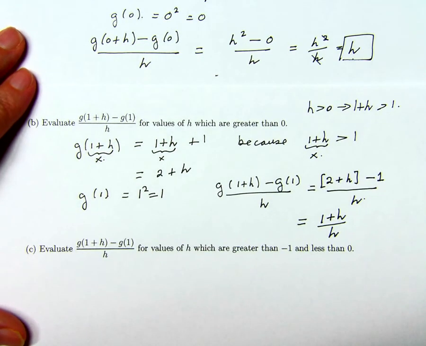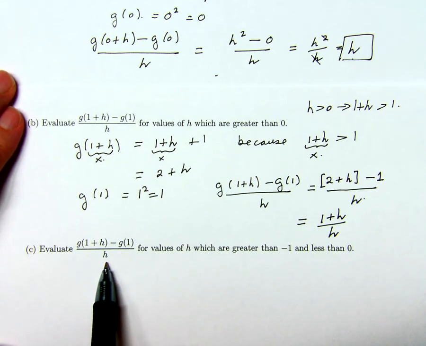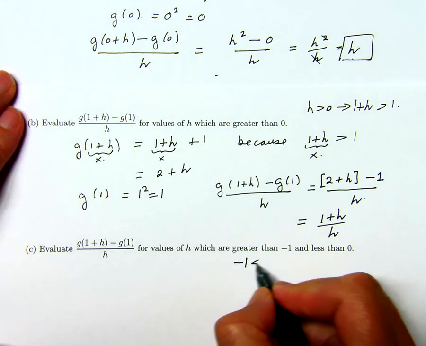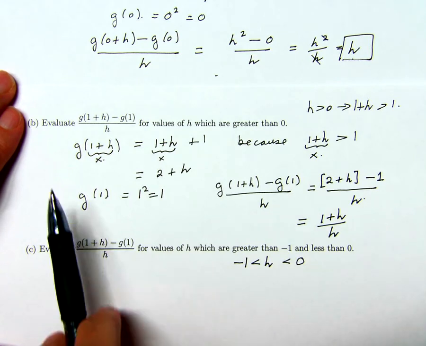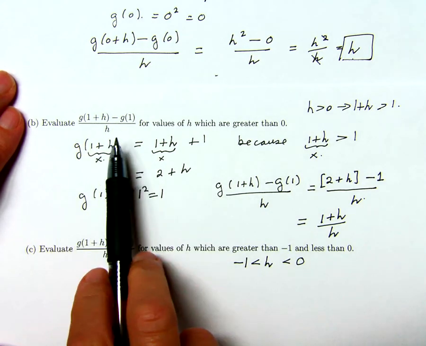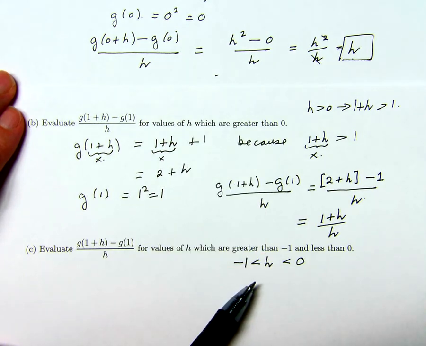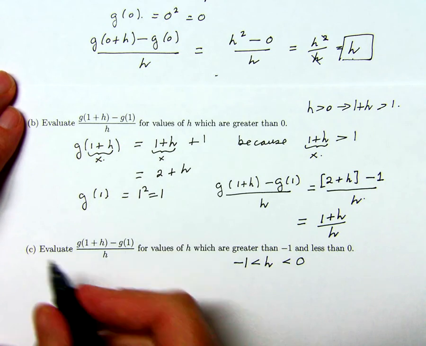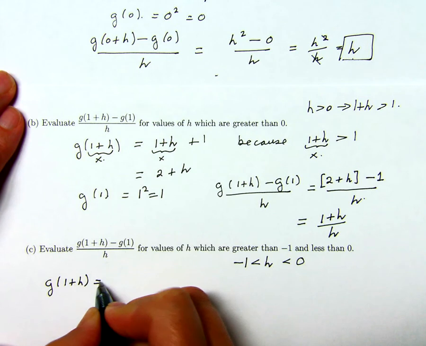What about g of 1 plus h minus g of 1 over h, where the values of h are greater than -1 and less than 0? Now this looks the same, the formula looks the same, except the values of h are different here. They're less than 0. They're between -1 and 0. So let's see what happens here. g of 1 plus h is equal to what?